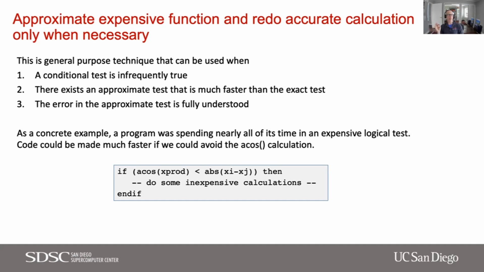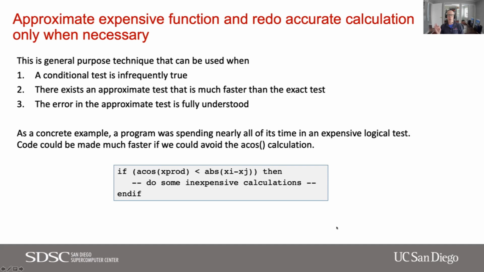So let's say we have conditional tests, and it is very infrequently true, and that there exists an approximate test that is much faster than the exact test, and that we understand the error in that approximate test. As a concrete example, this was a graph theory collaboration I was involved in, where a big chunk of the time was spent in this comparison.